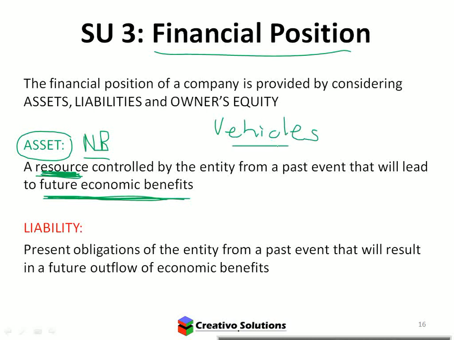Can a vehicle be an asset and a liability? The answer is no. All accounts are either an asset or a liability, that's it. There's no in between. It's either this or that.